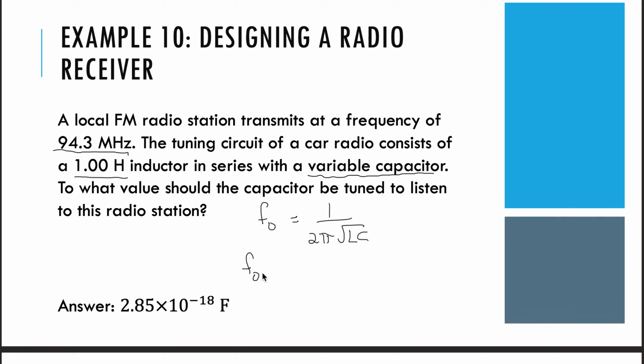So f sub 0 times the square root of LC equals 1 over 2 pi. Get rid of that factor in the denominator. And then we can divide by the frequency to get rid of that. So square root of LC equals 1 over 2 pi f. Now we can square both sides.